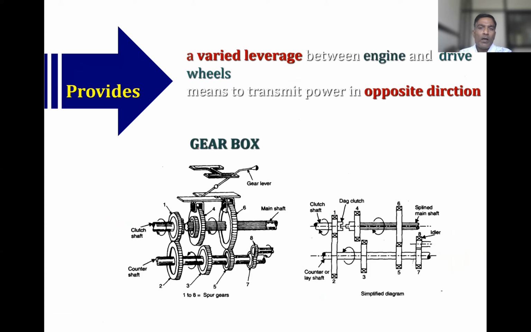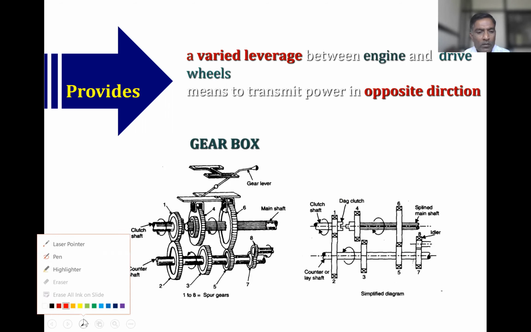Okay, then the next requirement or element which is required: it provides a varied leverage between the engine and drive wheels, or a means to transmit power in the opposite direction. You can see this is the gearbox.